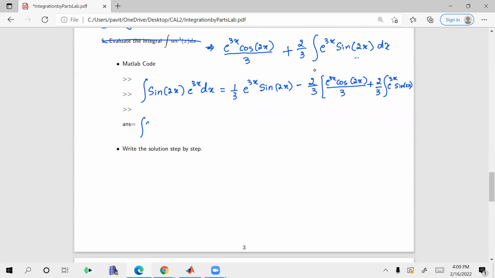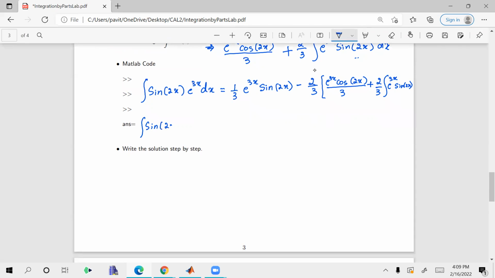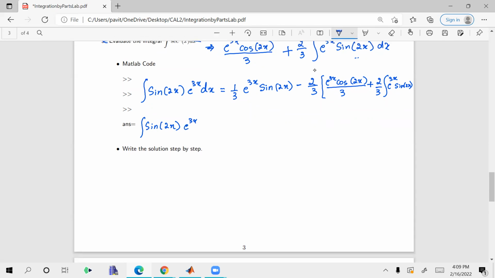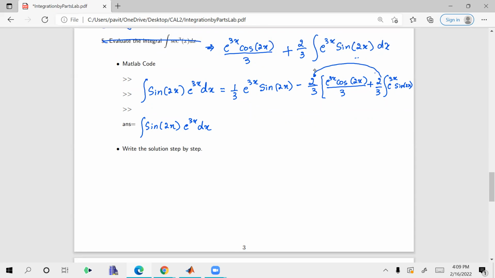Now, I am going to keep this here as it is, the question, sine 2x e to the power of 3x dx. Now, this one, when I multiply 2 over 3 by 2 by 3 inside this one, 2 times 2 is 4, 3 times 3 is 9. So you get 4 by 9, right? So I am going to bring the whole thing to the other side. Since this is negative, when you bring it to the other side, that will become positive.